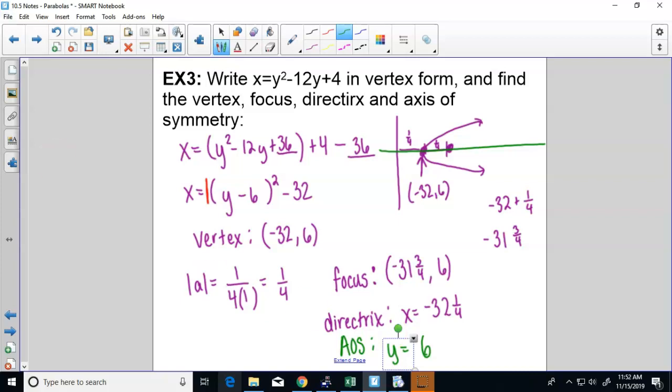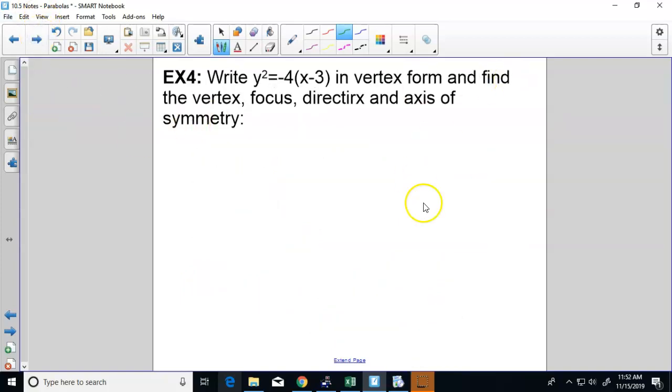Okay, I want to get through at least the next one because it's a little bit weird, and you'll see one like this. Okay, so write y squared minus 4 times x minus 3 in vertex form and find the vertex, focus, directrix and axis of symmetry. I won't make you answer the whole thing. Is this one that opens up and down or left or right?